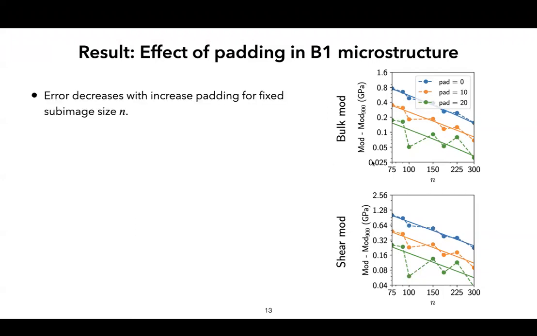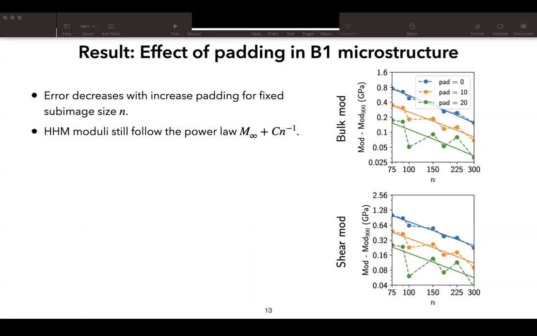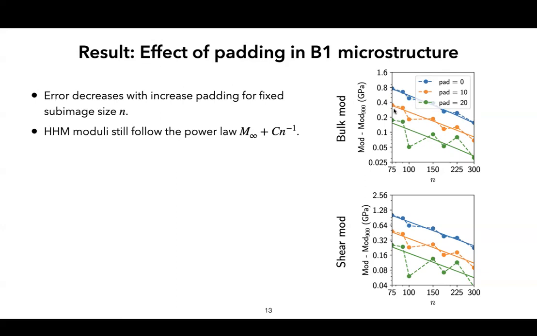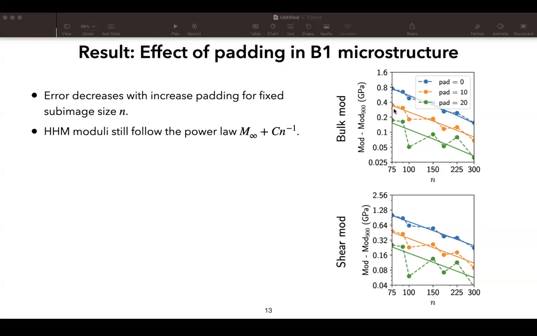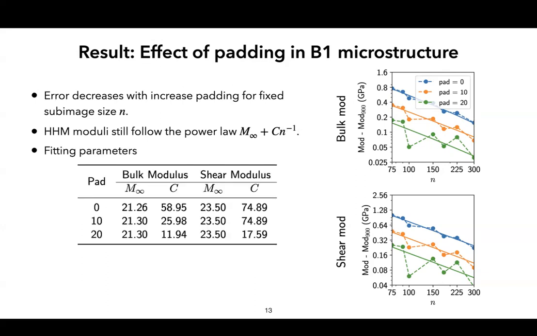So the first observation is that for fixed subimage size, error decreases as we increase padding thickness. And across all padding thicknesses, the hierarchically homogenized moduli still follow this power law scaling with the fixed exponent of minus 1. And these are the fitting parameters.